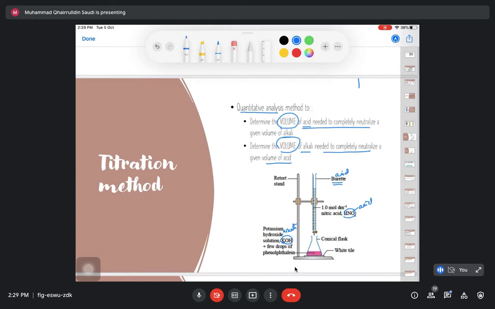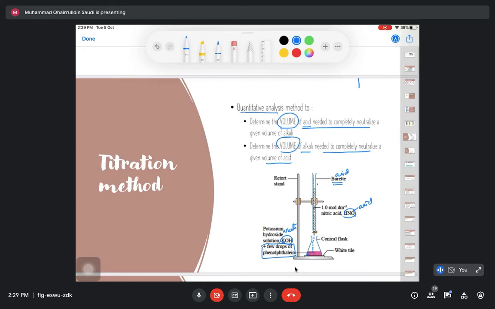So when we titrate, it means we add acid little by little into our alkali, and then we determine how much acid is needed to neutralize this alkali. How do we know that the alkali is neutralized? By adding some indicator.